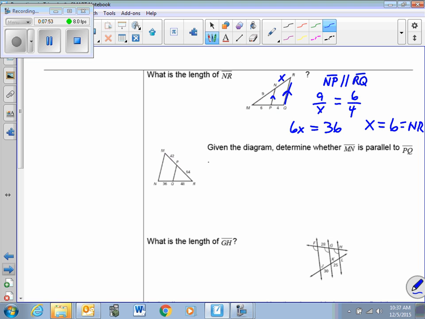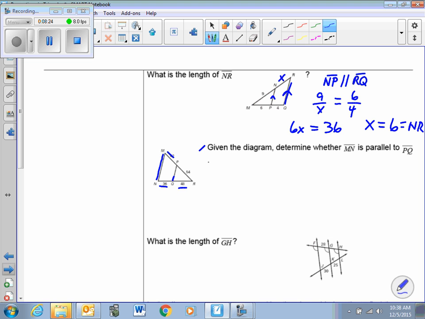This problem here says, given the diagram, determine whether MN is parallel to PQ. So is MN parallel to PQ? This looks like we're going to have to use the converse of the theorem we just used. So how are we going to do that? Well, we're going to see if our two proportions, if this divided by this equals this over this, then we know that those two segments are parallel.